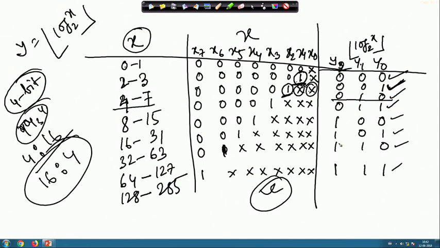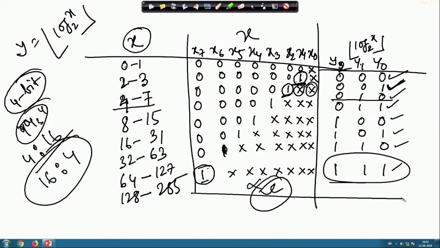From this table you can see that as x7 is 1, no matter what the value of the other bits, it corresponds to 111 or 7. Okay. So, this operation table is the same as a priority encoder circuit.